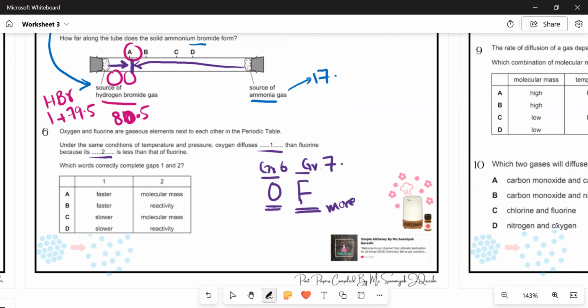So oxygen is light. Oxygen will diffuse faster than fluorine because its molecular mass is less than fluorine. So it will move faster. That's why it will diffuse faster.